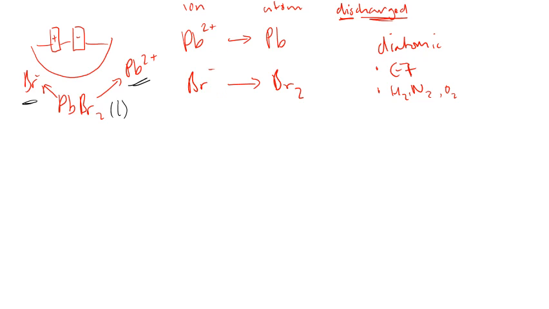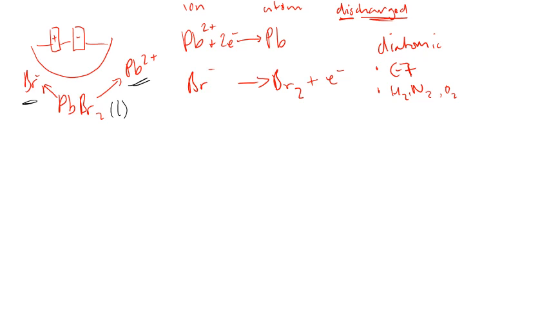Okay, and then now you need to fill in the electrons. So with your Pb2+ ion, it's actually gained 2 electrons to form your Pb atom, whilst your Br minus ion has actually lost an electron to form a Br2 molecule.